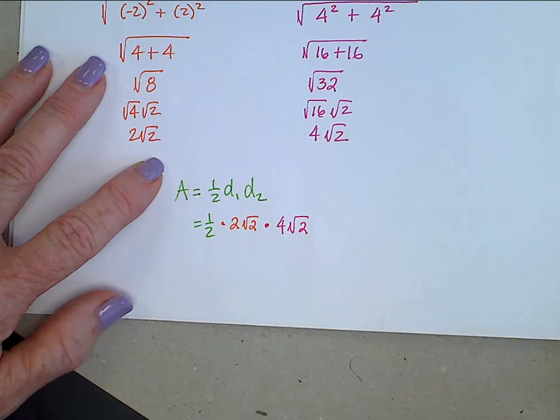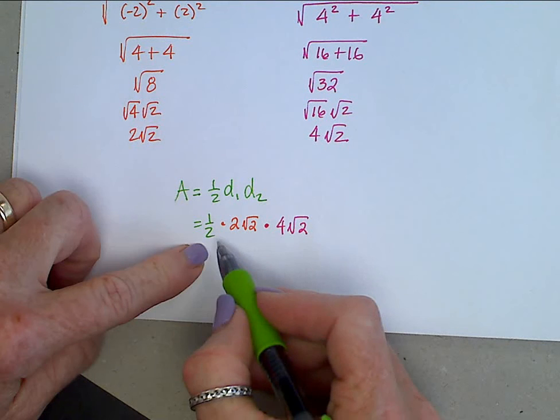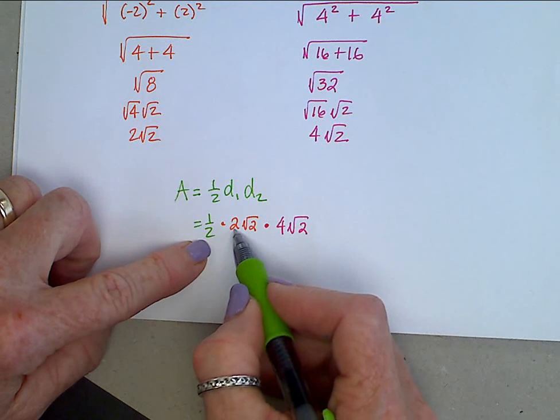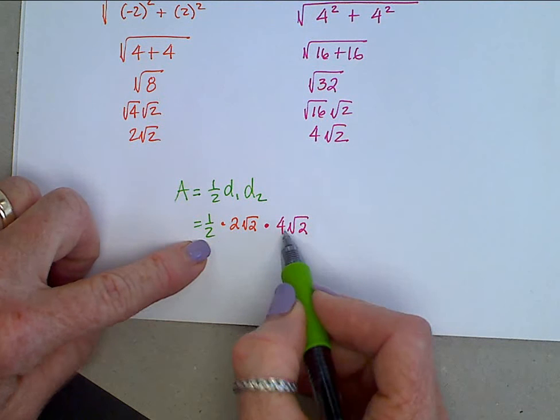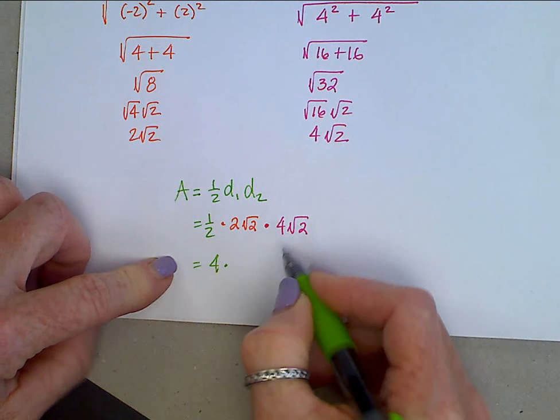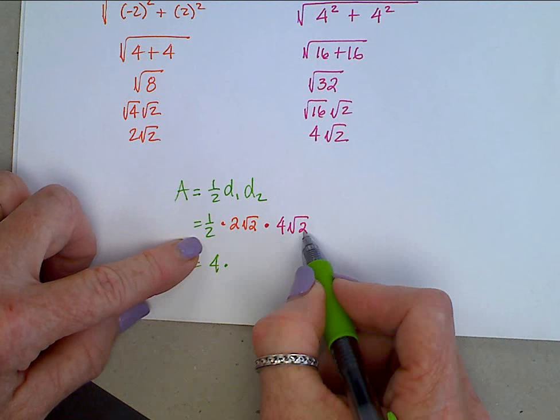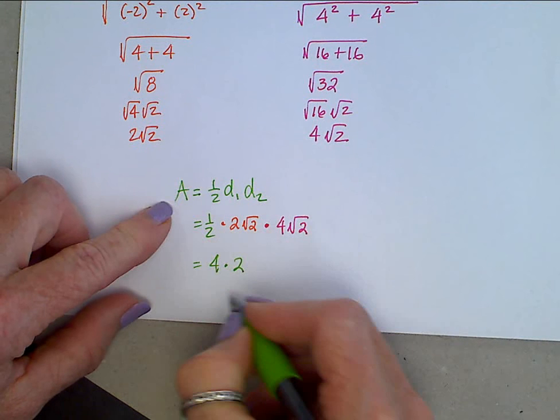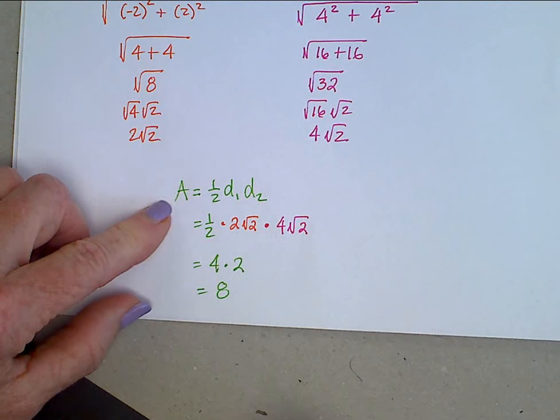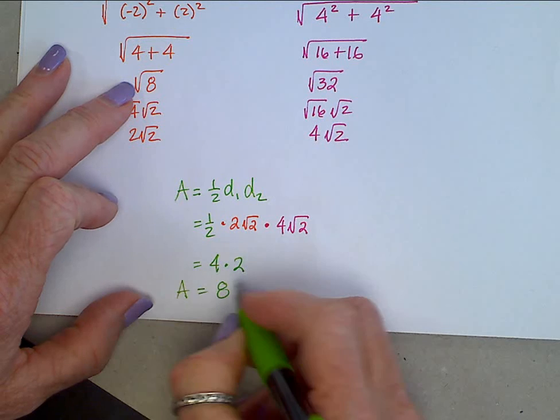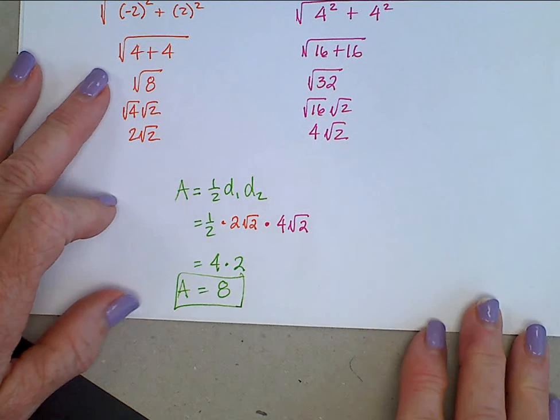If we multiply all the non-radicals, we have 1/2 times 2, that's 1, times 4, 4. And then multiply the radical part, square root 2 times square root 2, that's 2, 8. That's the final answer, the area.